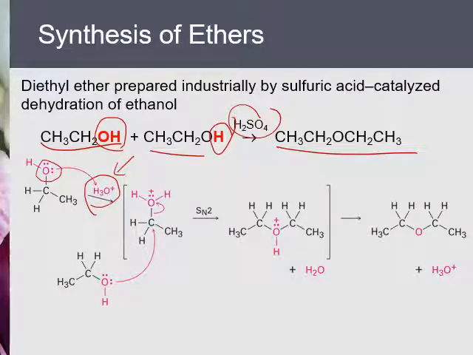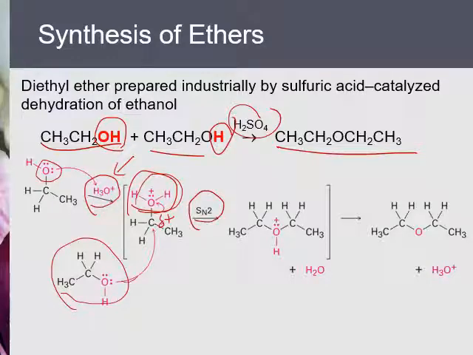It protonates the oxygen, forms a good leaving group, and then the second alcohol attacks the positively charged carbon, and the leaving group leaves. So this is an SN2 mechanism, followed by deprotonation of this hydrogen by a water molecule, and that gives you diethyl ether.